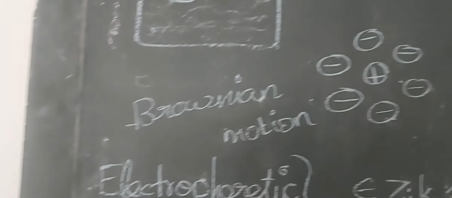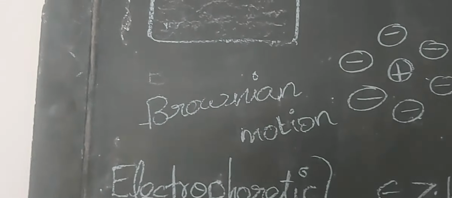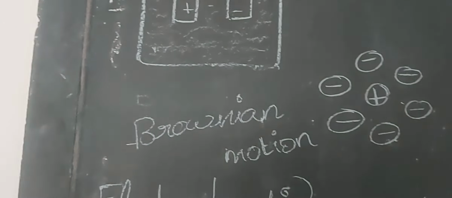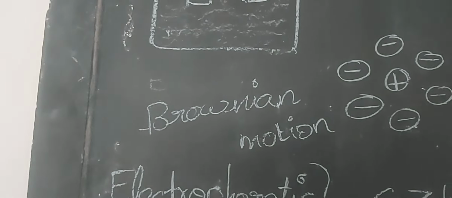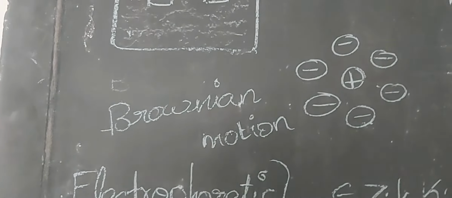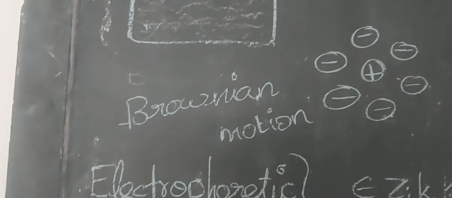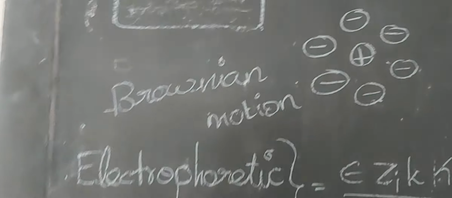This theory was improved by Onsager, because in 1926 he took Brownian motion into account.